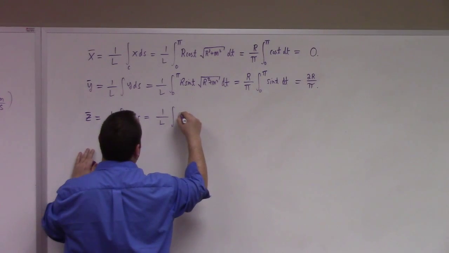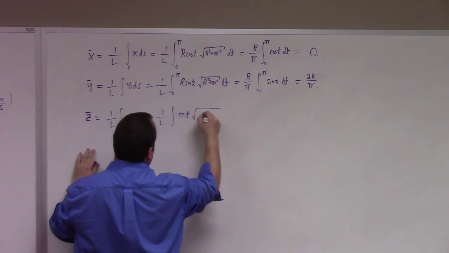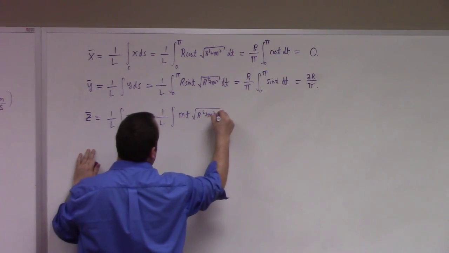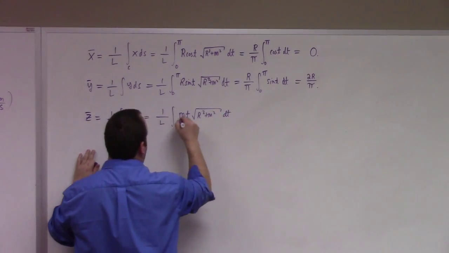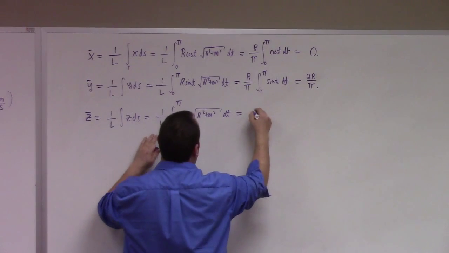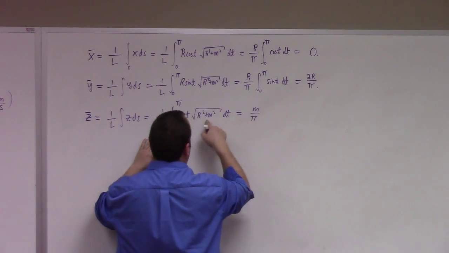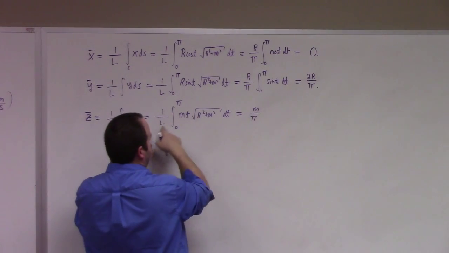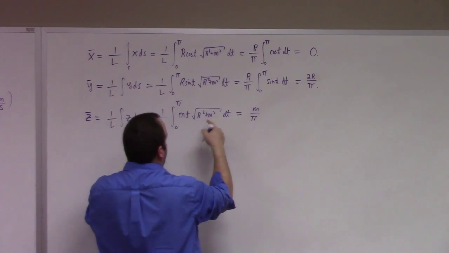We got m t square root of r squared plus m squared dt. So we have, again, m over pi, because this cancels with the L to leave me pi. M over pi.